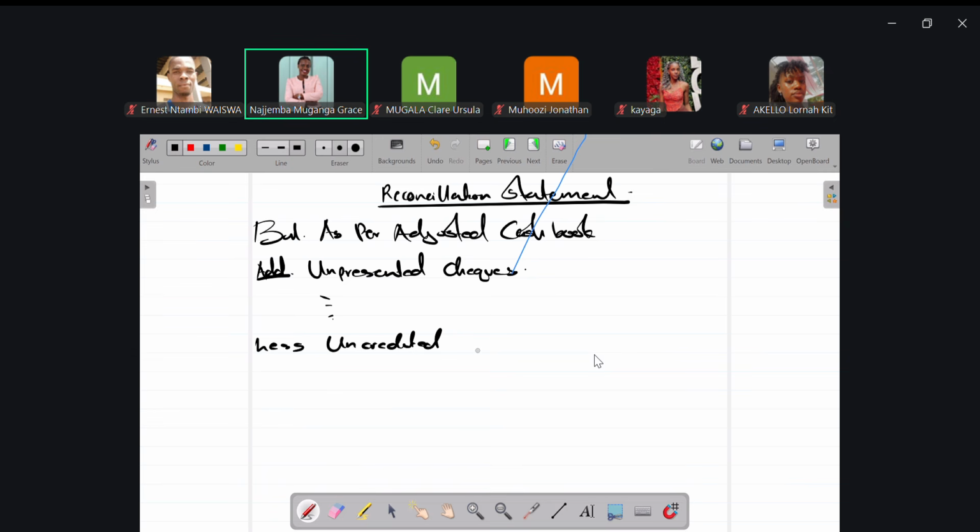uncredited checks. On which side are the unpresented checks in the cash book? These ones are the unticked. Unticked on the credit side of the cash book. Uncredited, the bank did not credit it. The bank did not credit, so they are unticked on the debit side of the cash book.